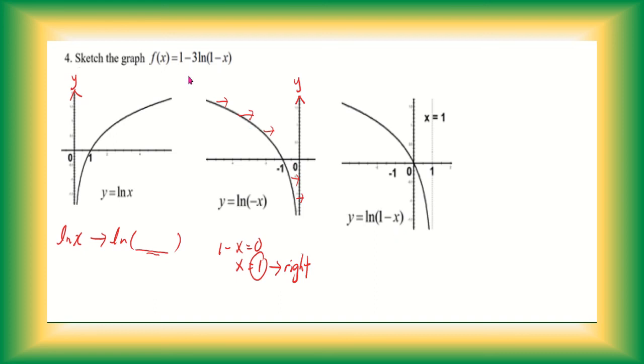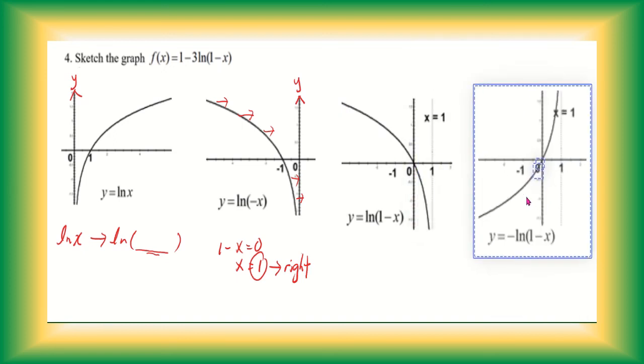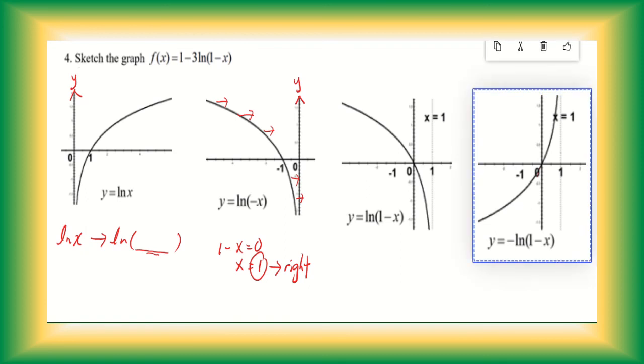For the y transformation, also the same thing, we start from reflection because there is a negative here. For the reflection, we use the x-axis as the line of reflection, which means the curve will be reflected using the x-axis. After reflection, the curve becomes like this.